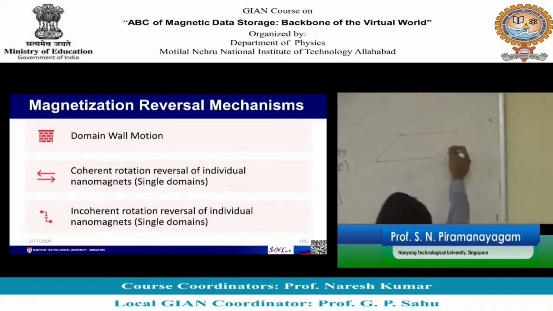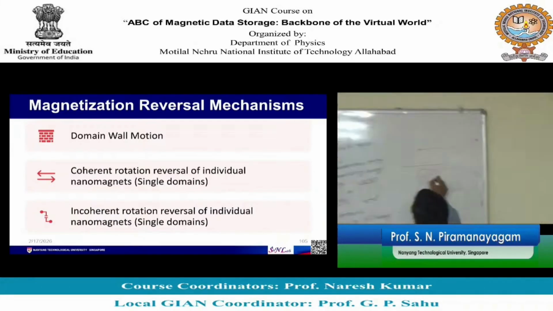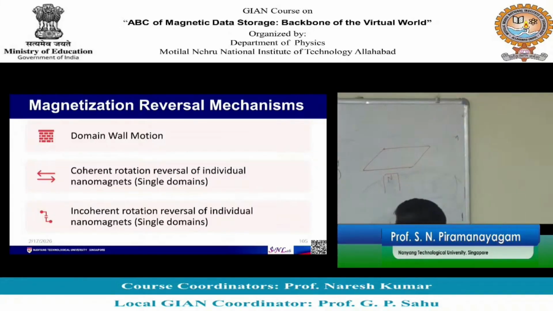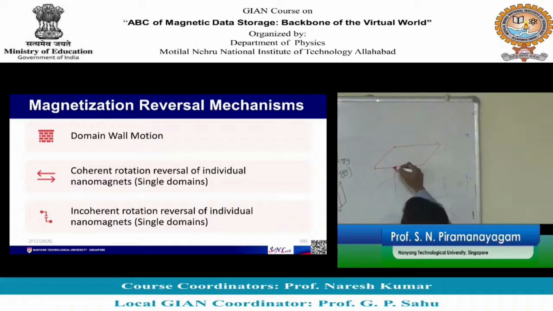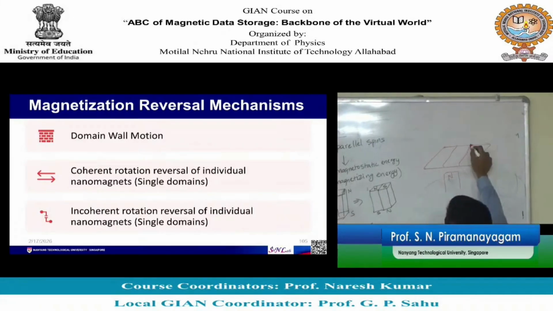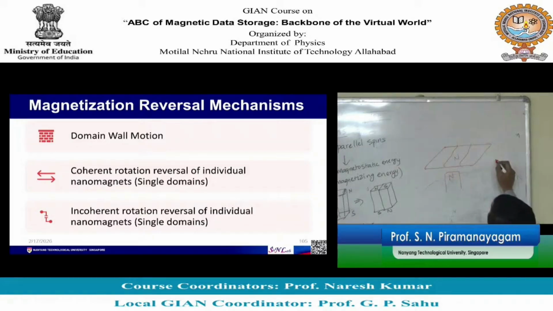One possibility is that only the region near this magnet gets magnetized. The rest is not affected by the magnet. That is one possibility.